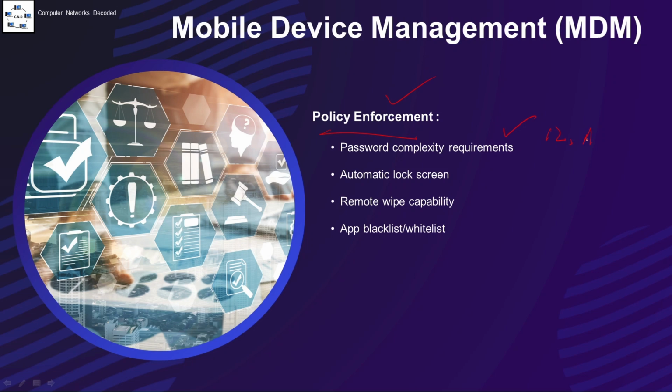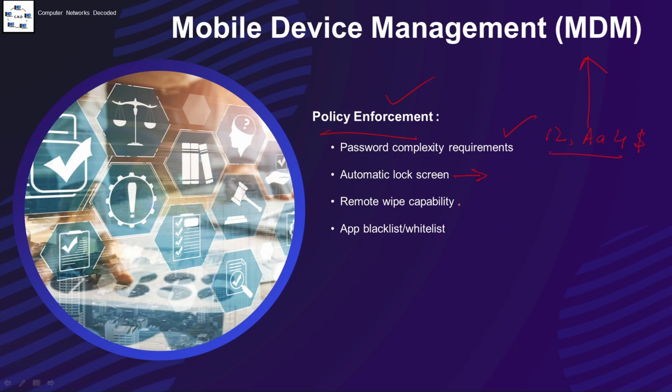It must have capital, small, and numbers as well as special characters. So this policy can be enforced through the MDM. It can also enforce the policy of automatic lock. Let's suppose after a few seconds or few minutes of idle.